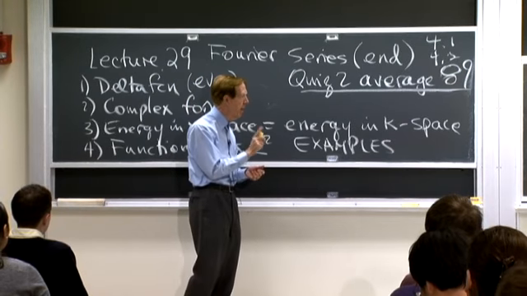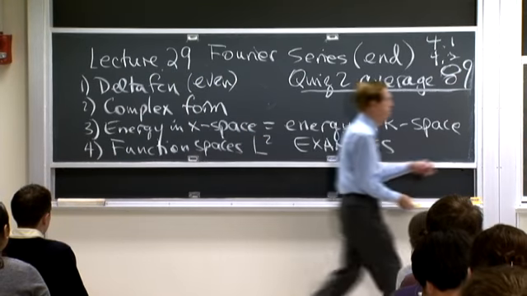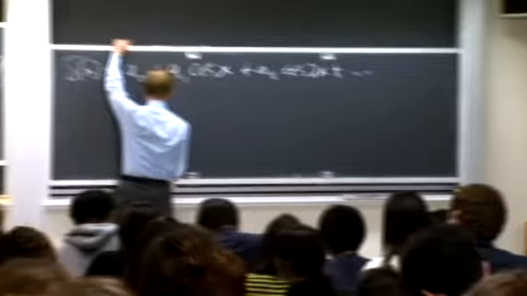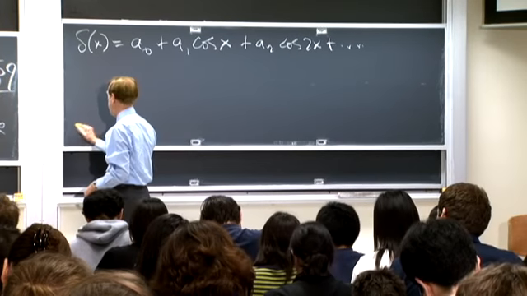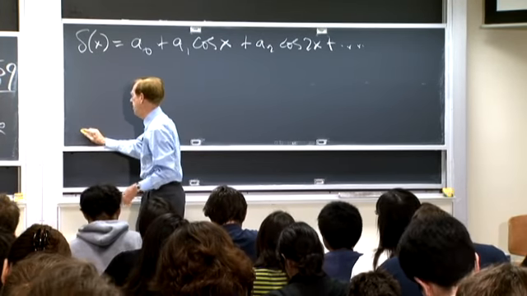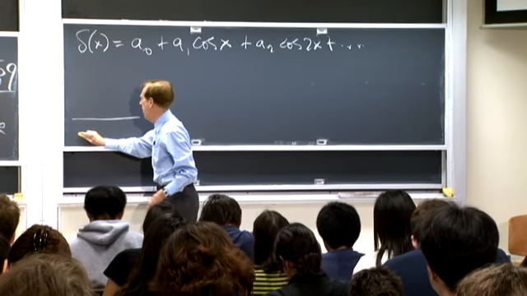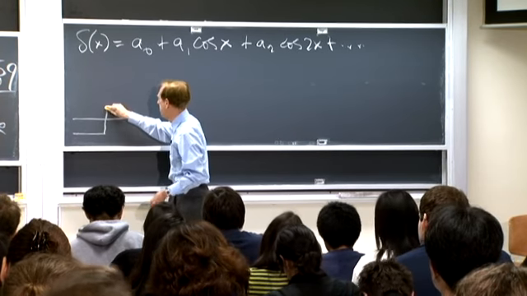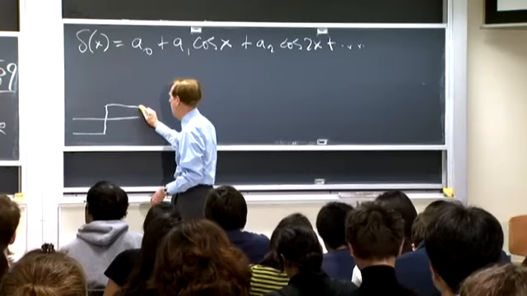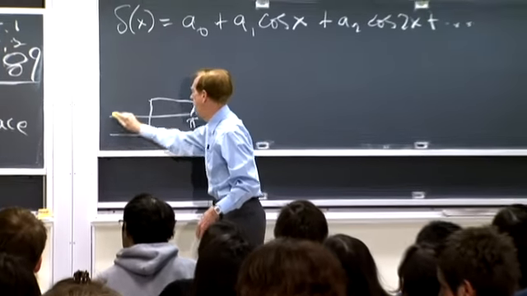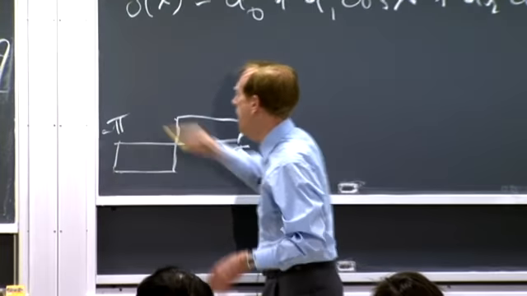And you remember that, well, let me put that example down here. That was the step function. Easier if I draw it than if I try to write equations. So it was -1 up to +1, ending at, of course, period 2 pi.